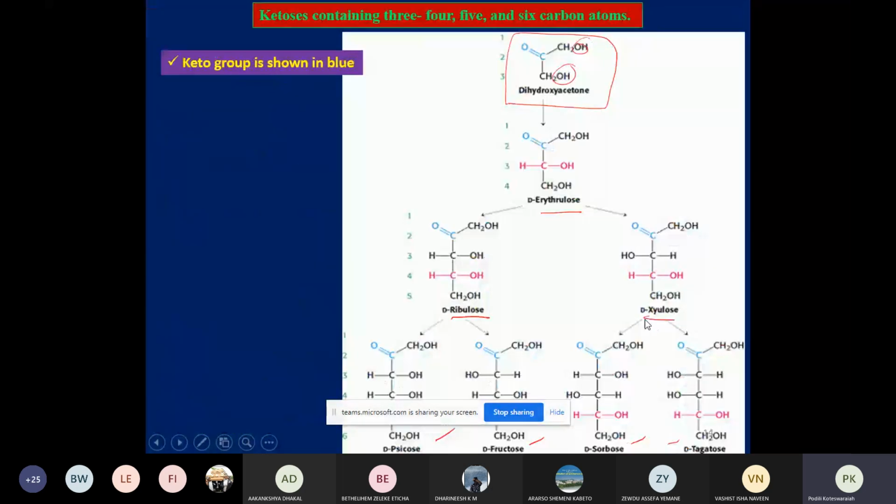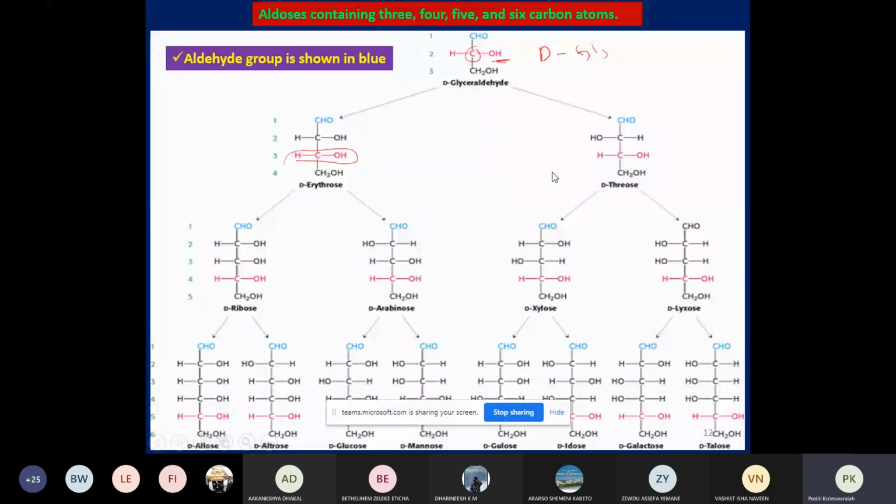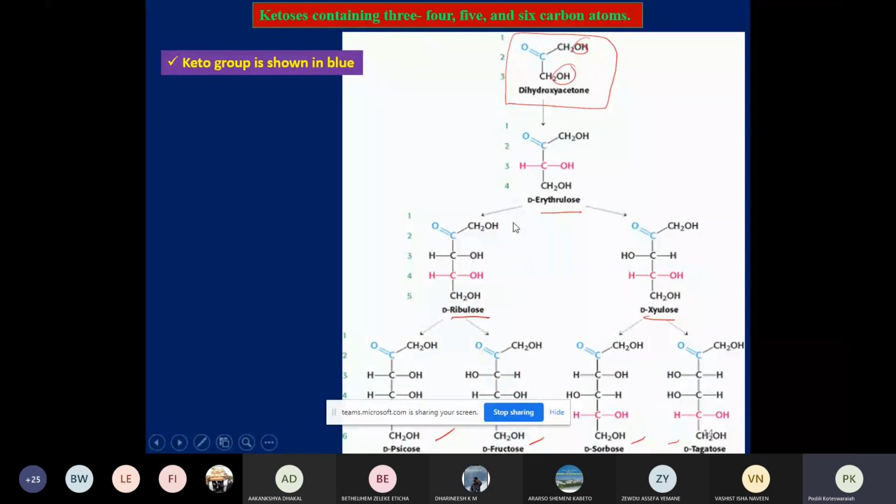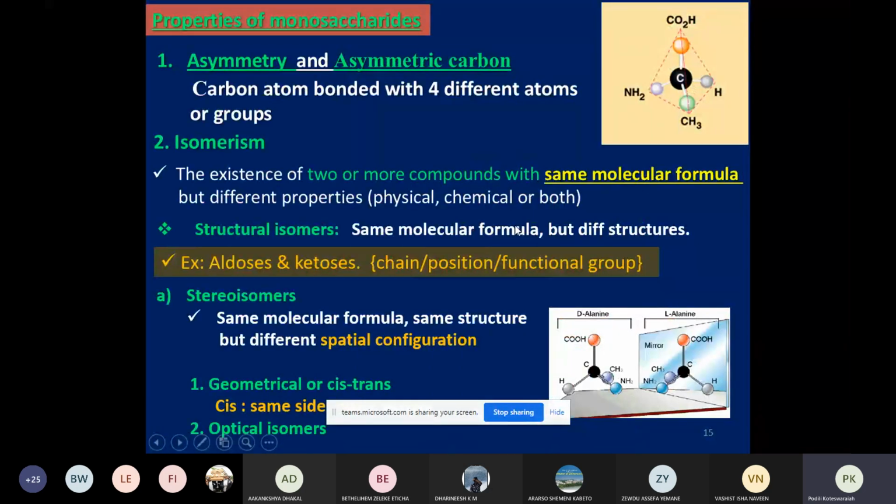Before explaining in detail the aldose family as well as the ketose family, let me give you a brief introduction about the properties of monosaccharides. We know that all these monosaccharides have one or more asymmetric centers except dihydroxyacetone.